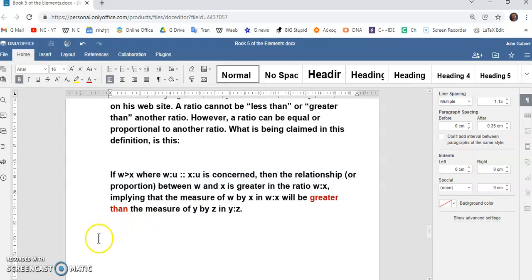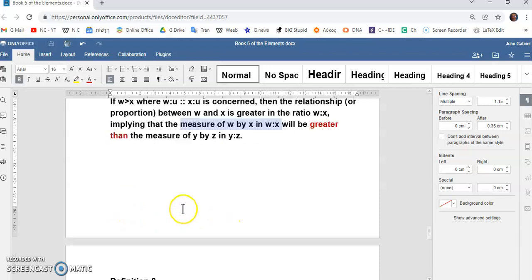If the magnitude W is greater than X, where this ratio is in proportion to this ratio, where W colon U is in proportion to X colon U, and by the way, U colon U is the assumed unit, then the relationship or the proportion between W and X is greater in the ratio W colon X, implying that the measure of W by X in W colon X will be greater than the measure of Y by Z in Y colon Z, okay? Very important.